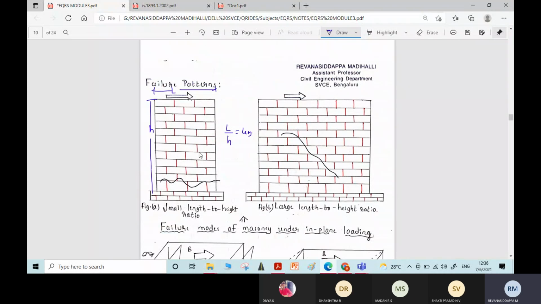In this case the masonry will fail by developing horizontal cracks at the base of the wall itself.